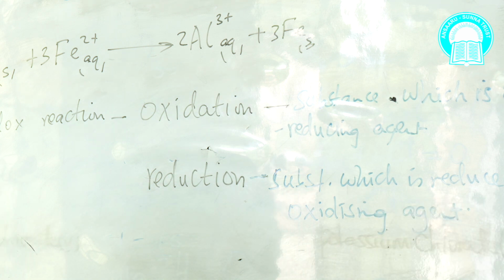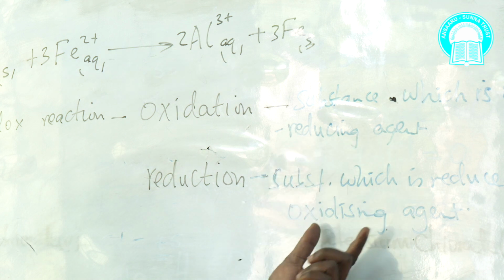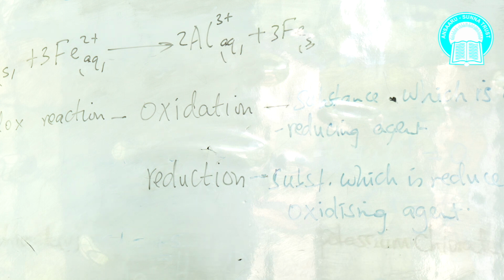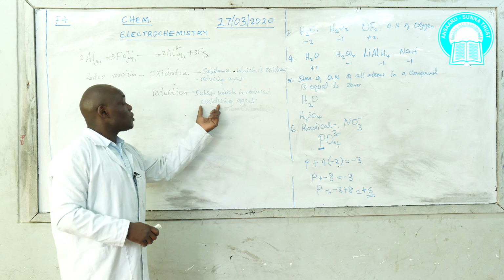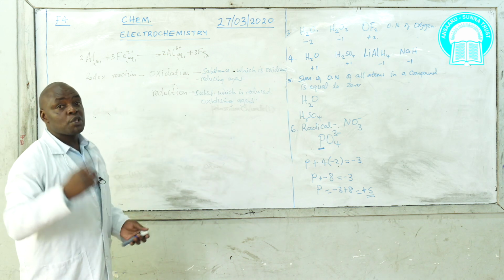So in any redox reaction, the oxidizing agent gains electrons, gains oxygen or hydrogen, or loses oxygen. That is the oxidizing agent. It becomes reduced. The reducing agent becomes oxidized.